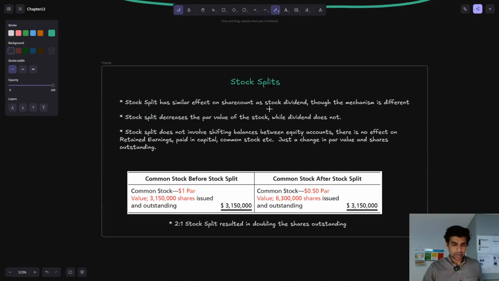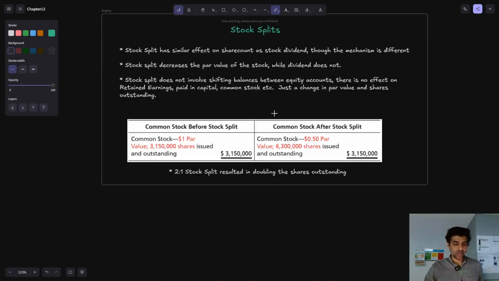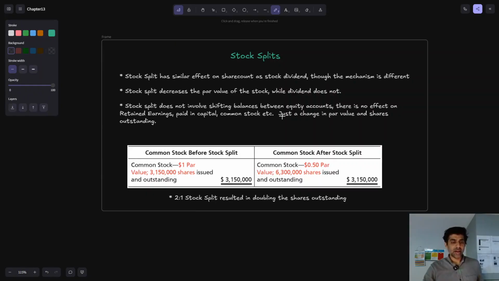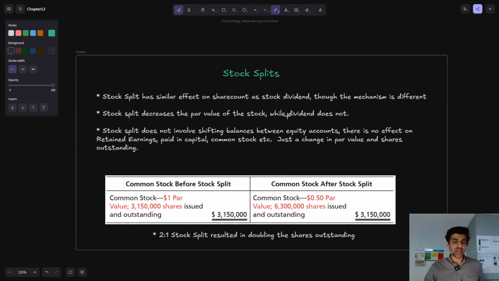Okay, so then we have stock splits. This has a similar effect on the share count as a stock dividend. It's just the mechanism of how it happens that is different. The stock split is going to affect the par value of the stock, while the dividend does not.